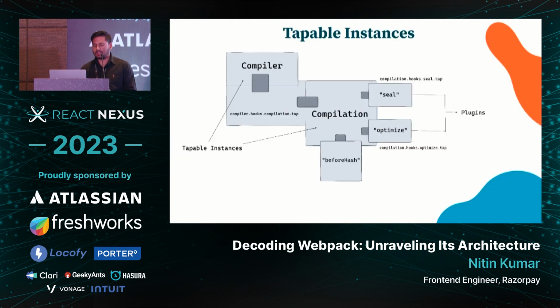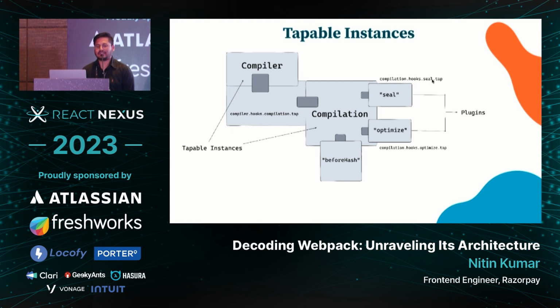I'm a little bad at drawing, but basically here I want to explain that to use the compilation hooks, we first need access to the compiler. When you have access to the compiler, you call the compilation hook, compiler.hooks.compilation. And then you have access to the compilation, and you can use hooks that the compilation property exposes.